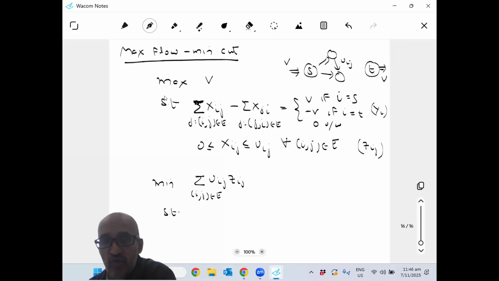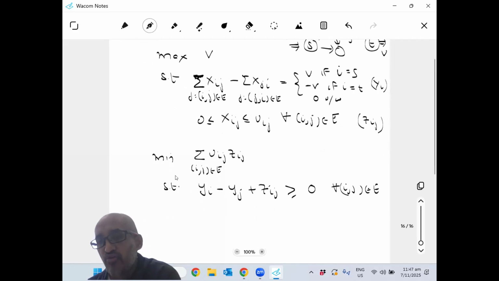So you'll get a constraint of the form yi minus yj plus zij, compared to the flow xij, which has an objective of 0 in the minimization, for every ij in E.